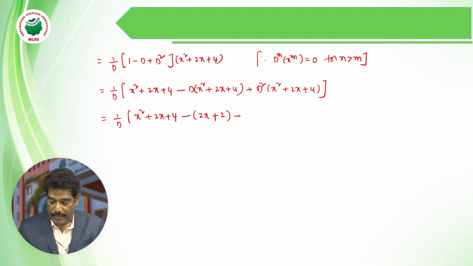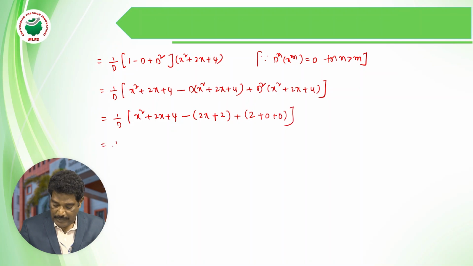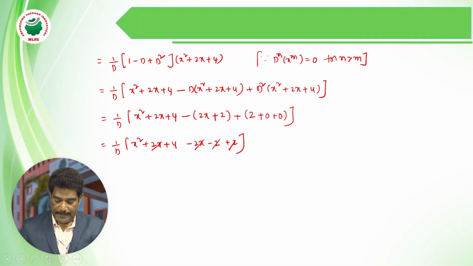Plus 2 times the second derivative of x square, that will be 2, plus 2 times the derivative of 2x, 0, plus 0. Simplify this. 1 by D into x square plus 2x plus 4 minus 2x minus 2 plus 2. Minus 2 plus 2 cancel, minus 2x and plus 2x also cancel. The remaining is 1 by D into x square plus 4.